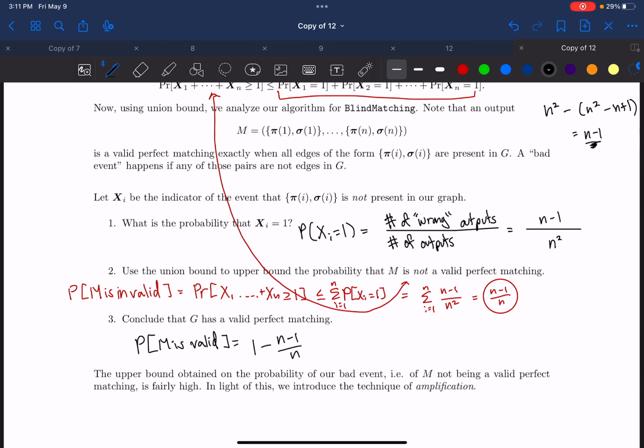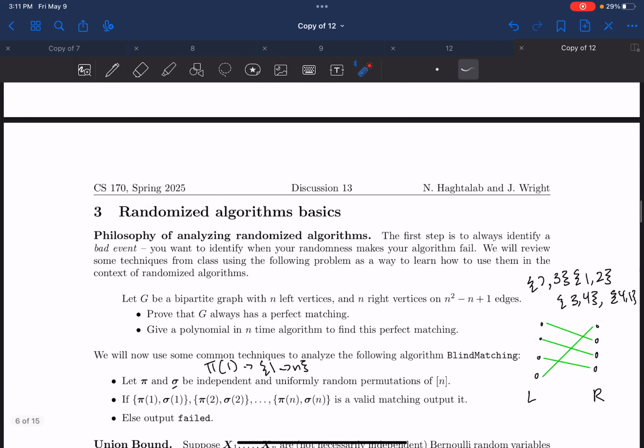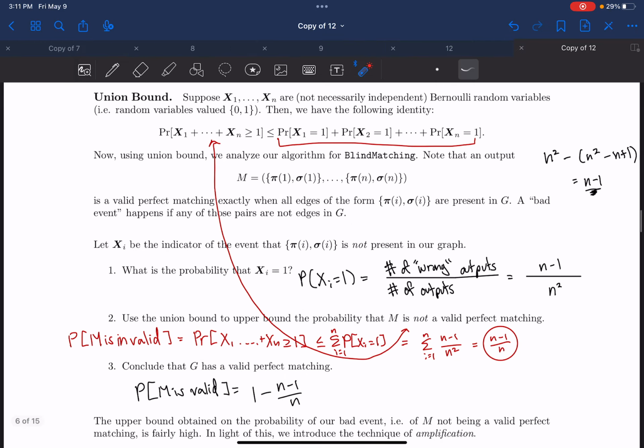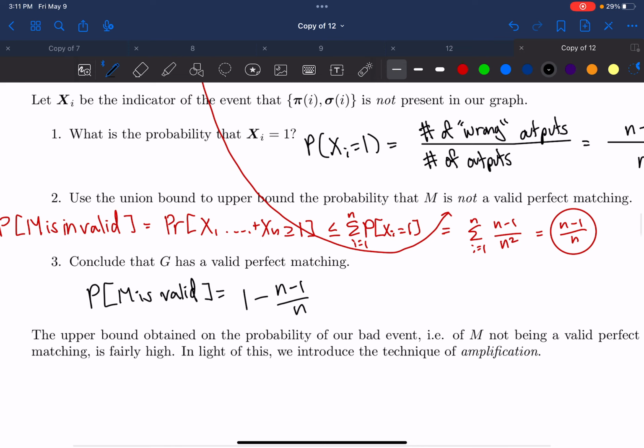And again, note that as an expansion of this statement, we can say that M is valid on any graph, because we never made any assumptions about the way our graph looked besides what was given to us, besides our guaranteed properties, essentially, which means that the probability we calculated here is true for any graph. And the idea here is that this is a non-zero value, right? It doesn't actually matter at the end of the day whether there's a 1% chance, a 0.001% chance that this algorithm has a potential of succeeding.